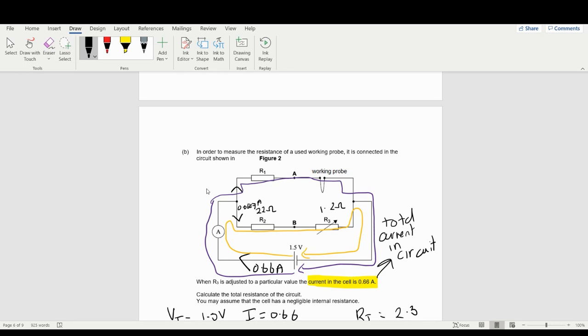So this section here is going to have 0.66 minus the 0.0647, which is going to be 0.595. Okay, so this here is going to be 0.595 amps, and now I know that, and I can use that later on. So I'm embellishing my circuit as I go around.